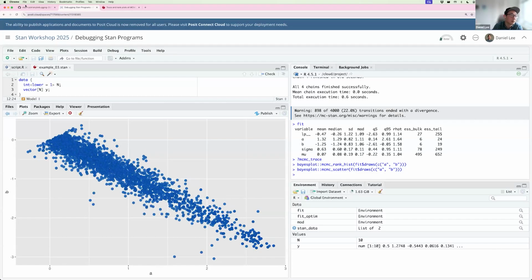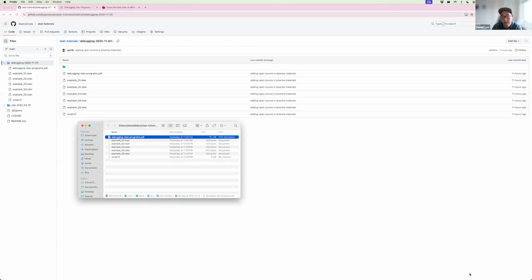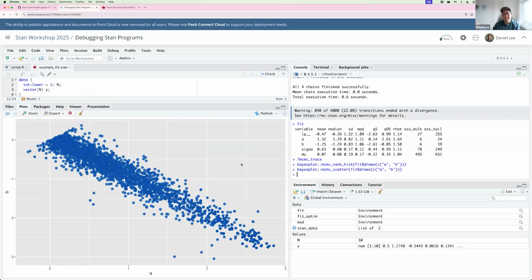Yes, all the material is available online. You can go here. You're welcome. So you can see patterns like this in your posterior, and you're going to think about it and say that shouldn't happen that way.